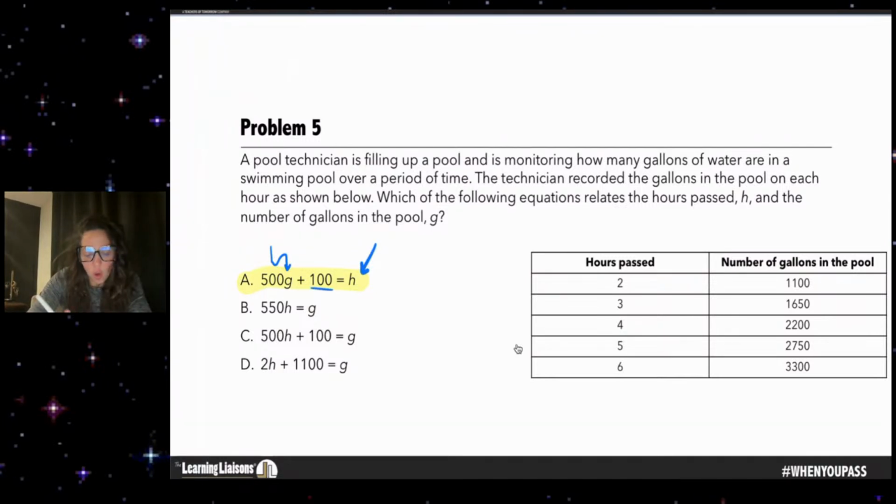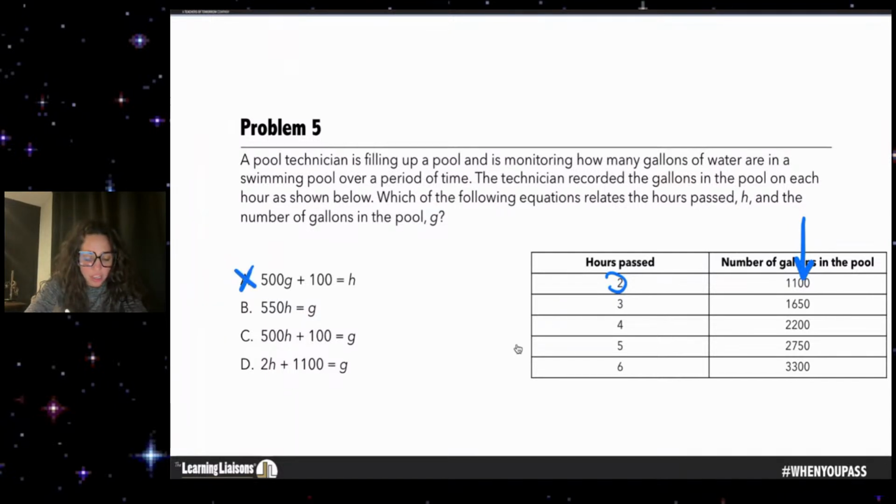If I have only had 2 hours pass, can this equation make any sense at all? No. Like, I'm not going to multiply the number of gallons in the pool by 500 and add 100 and have it equal 2. It just doesn't make sense. Okay? So that is definitely out.